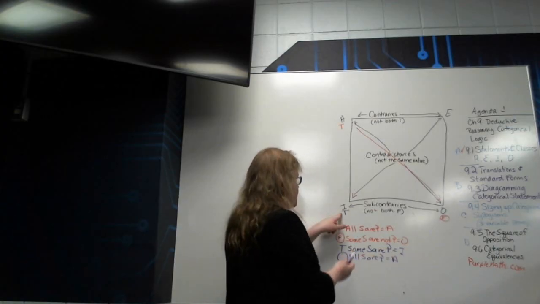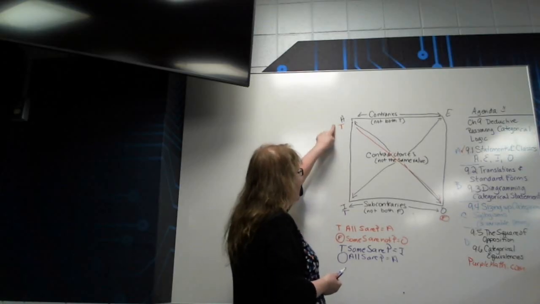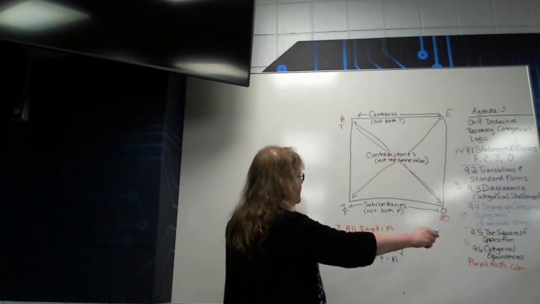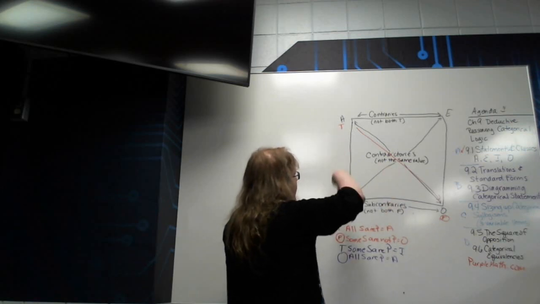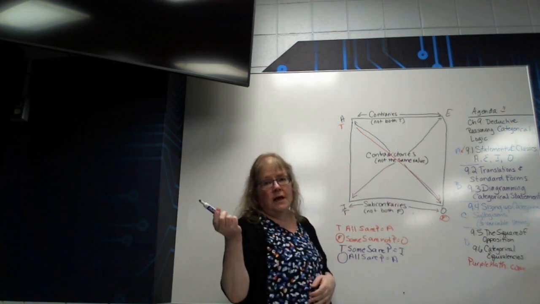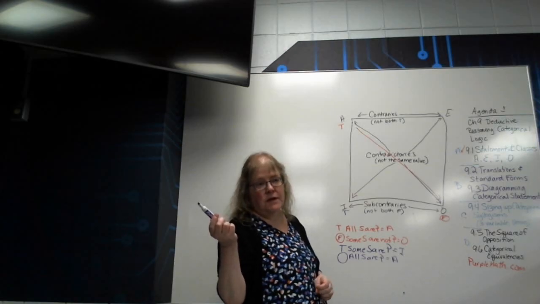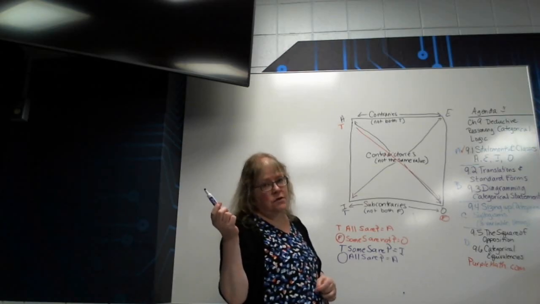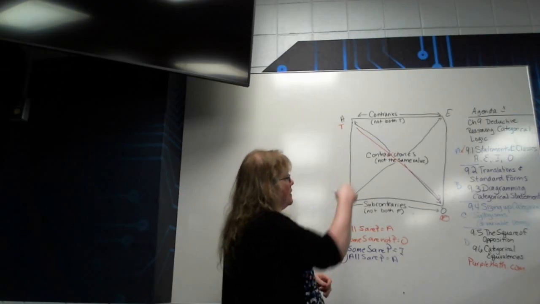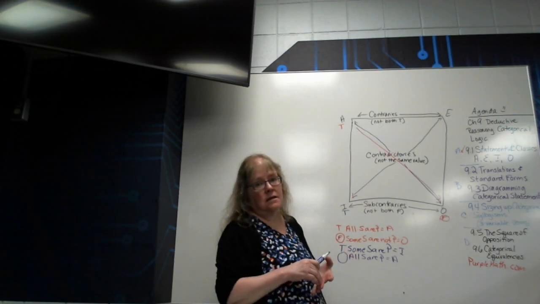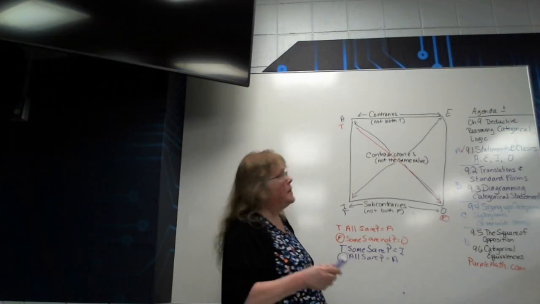So if I'm starting here with true, I can't get to A directly. Okay, I can only do side to side and diagonal. I can't do back to back. Now, if you go online and you look for the square of opposition, so you can basically copy and paste it or whatever, it might have other things you can do on it. We are only doing these three: contraries, subcontraries, contradictories. That's it. Okay, keep that in mind.